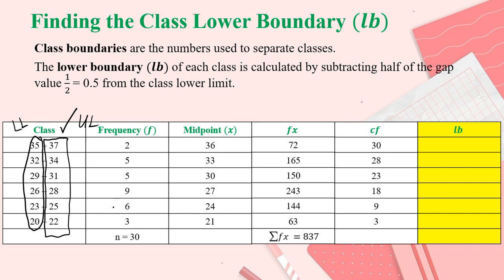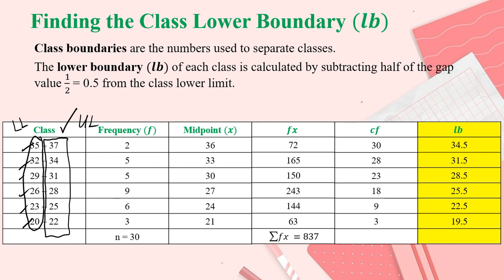So, umpisahan natin. Sa last class mo, 20 minus 0.5, of course, that is 19.5. Next, 23 minus 0.5, 22.5. 26 minus 0.5, 25.5. 29 minus 0.5, 28.5, 32 minus 0.5, 31.5, and your first class, 35 minus 0.5, we have 34.5.